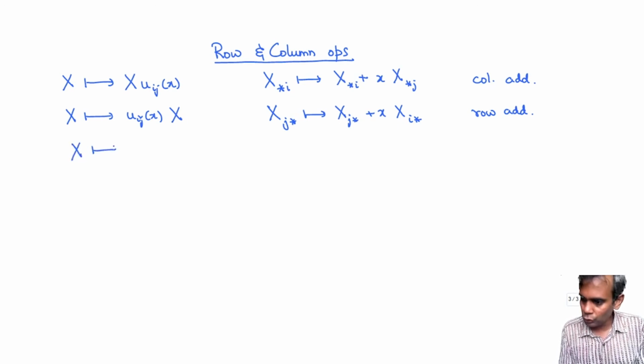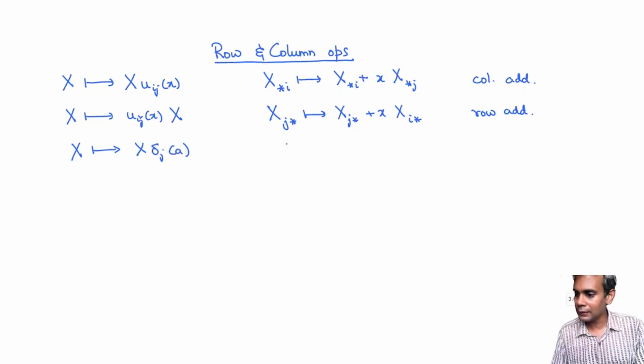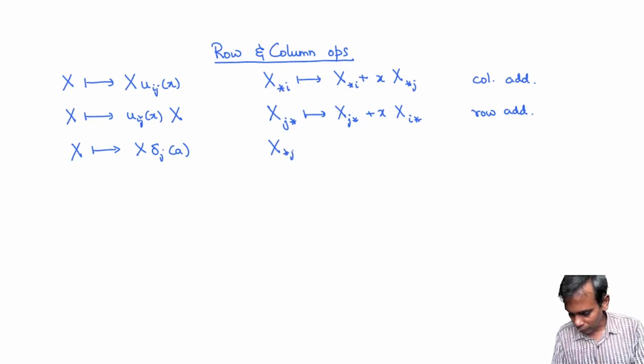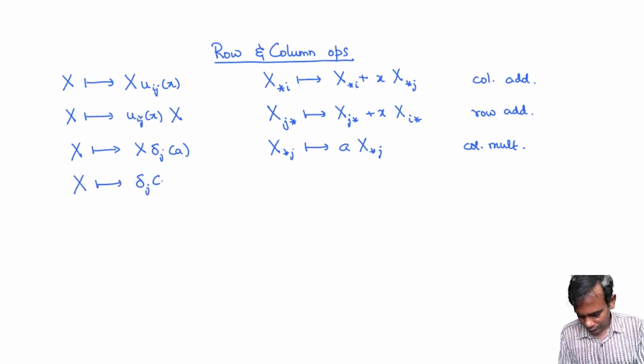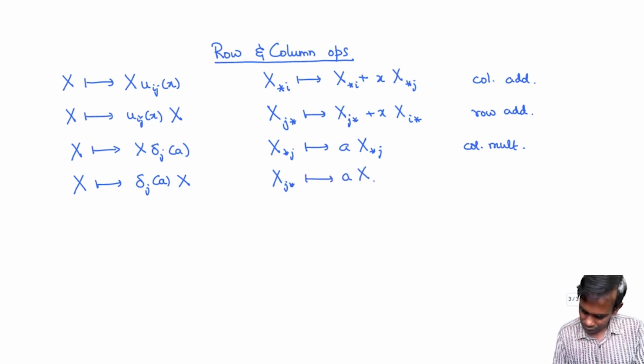If you take X goes to X times delta_j(a), this is the same as taking the jth column of X and replacing it by a times the jth column of X. So this is column multiplication. Similarly, on the left you get delta_j(a) X, which takes the jth row of X and replaces it by a times the jth row. This is called row multiplication.